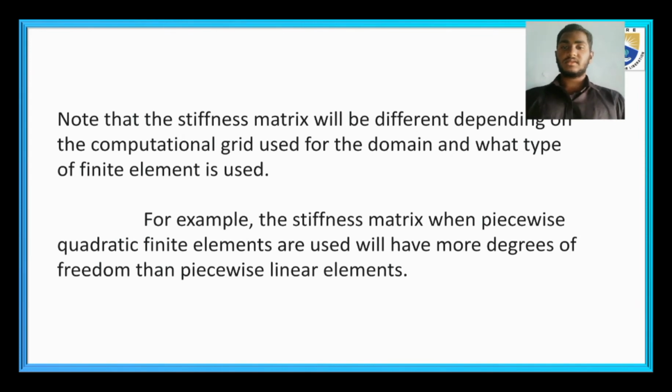Note that the stiffness matrix will be different depending on the computational grid used for the domain and what type of finite element is used. For example, the stiffness matrix when piecewise quadratic finite elements are used will have more degrees of freedom than piecewise linear elements.